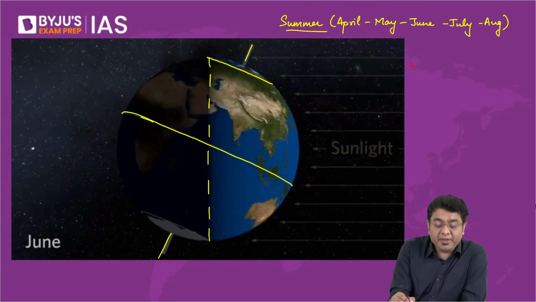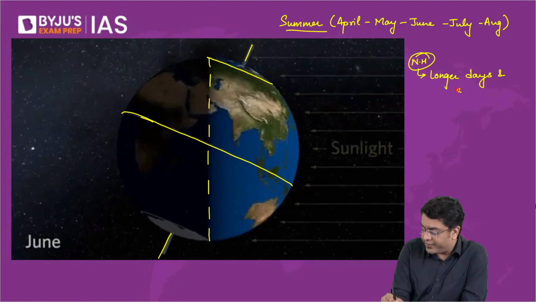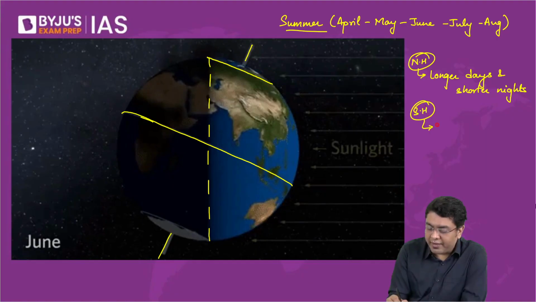So northern hemisphere is tilted towards the sun. So in the case of northern hemisphere, longer days and shorter nights. In the case of the southern hemisphere, we have shorter days and longer nights.